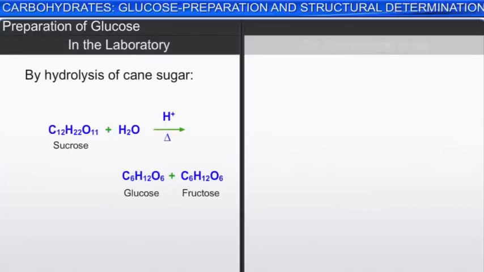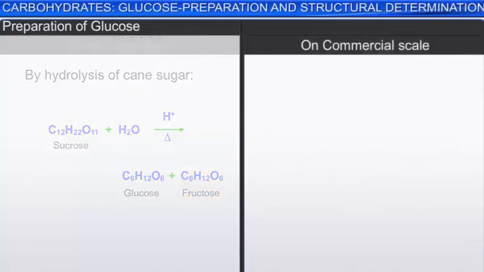In the laboratory, glucose can be prepared by the hydrolysis of cane sugar. An alcoholic solution of cane sugar or sucrose, on boiling with dilute hydrochloric acid or sulfuric acid, produces equal amounts of glucose and fructose.